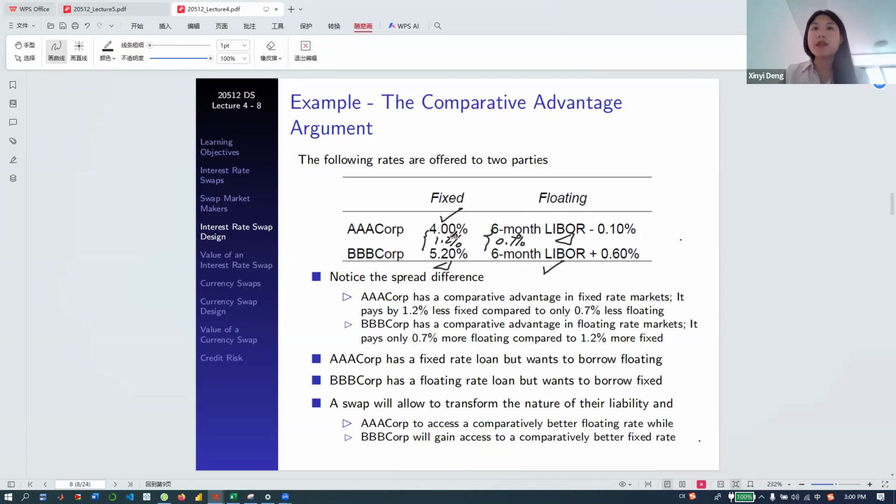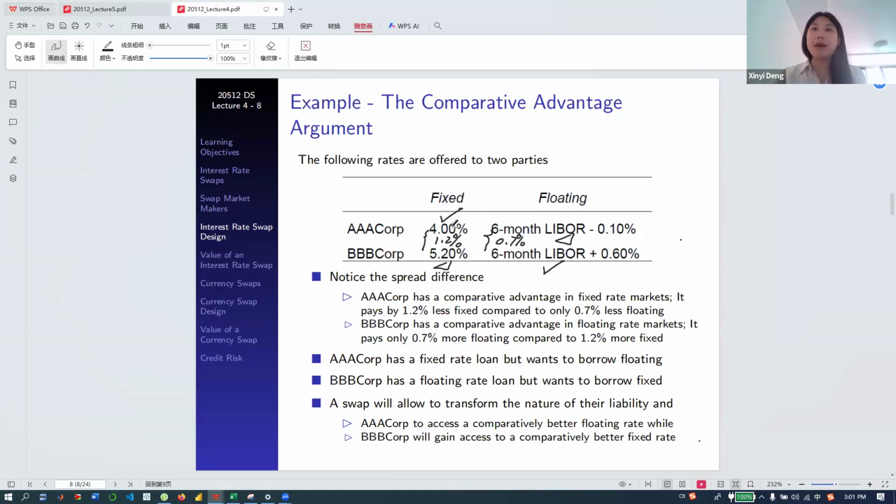AAA Corp's exposure will be exchanged from fixed to floating by the swap, and BBB Corp's exposure will be exchanged from floating to fixed. We will talk about that cash flow detail later.